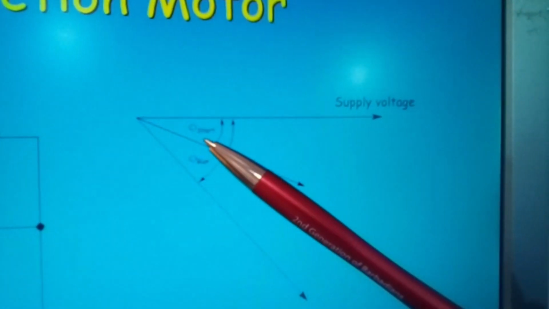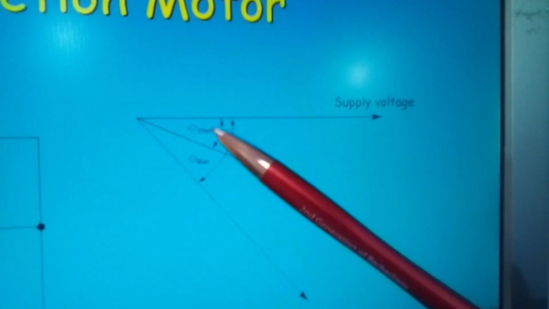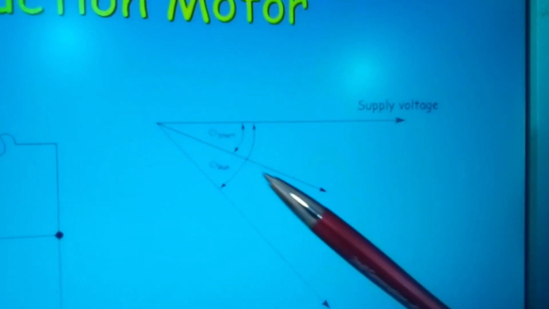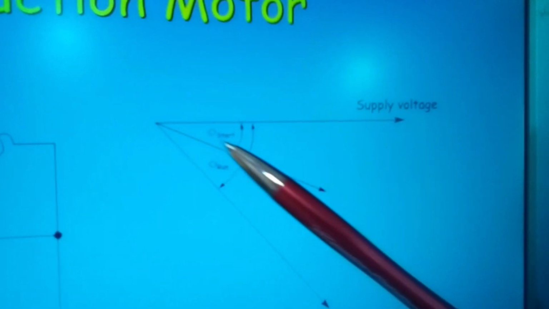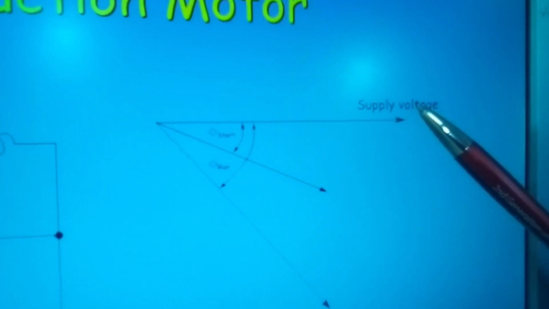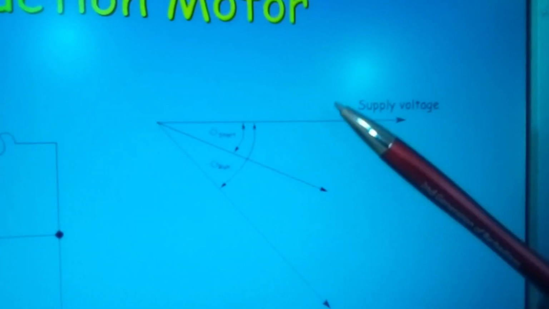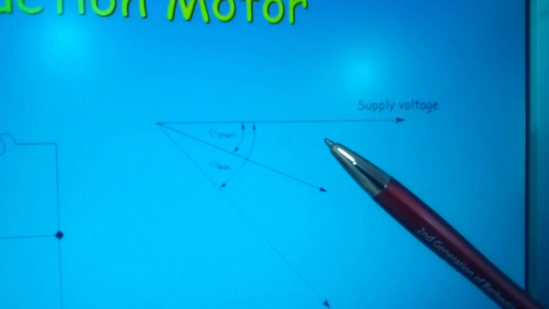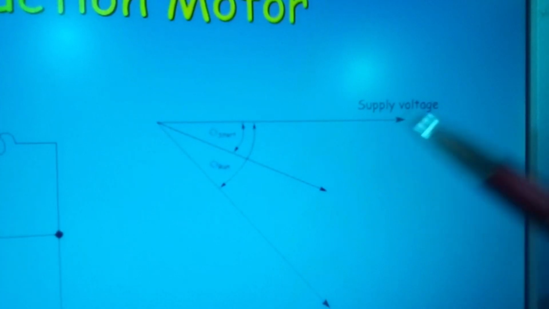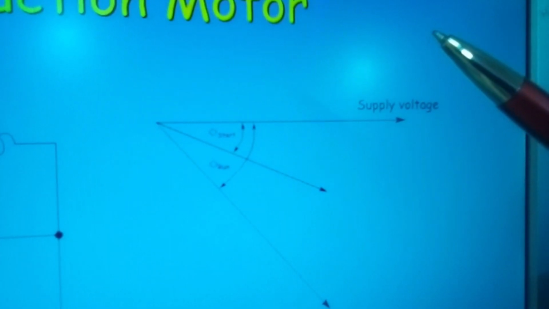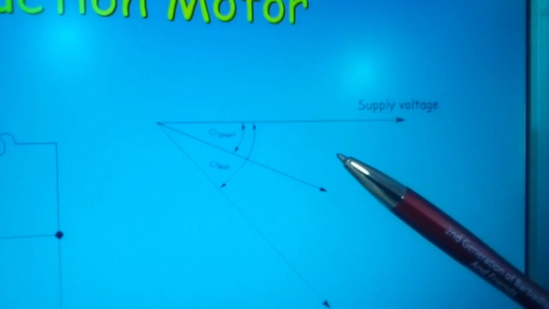So here, yes, start angle, run angle. Now, by having these angles, this angle here, your start angle, lagging the supply voltage, you cause what's called a phase shift, and that will give the impression that the motor is actually rotating in a magnetic field.